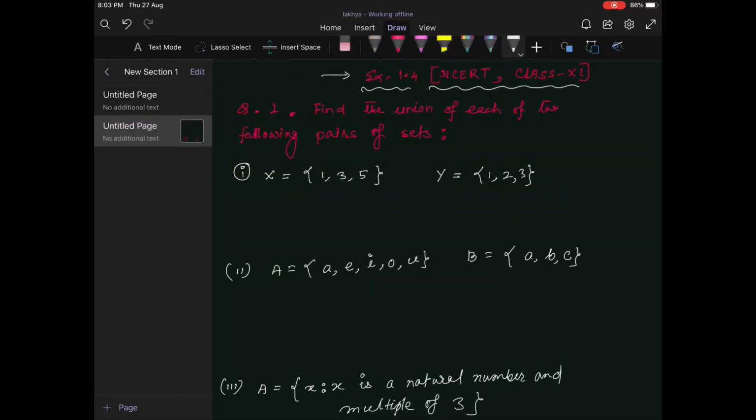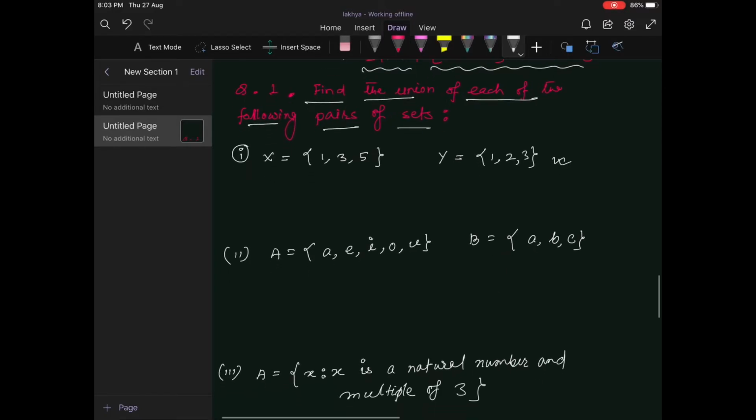So let us solve the problems of exercise 1.4. Let us solve the first question. Find the union of each of the following pairs of sets. So here we are going to find the union of these pairs of sets. Set X contains 1, 3 and 5, and Y contains 1, 2 and 3.